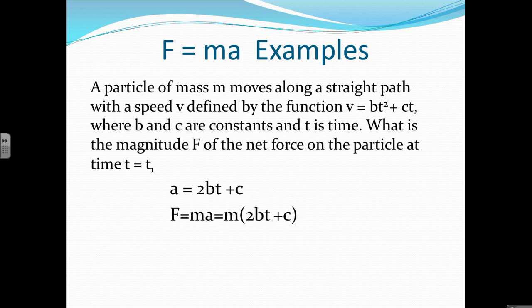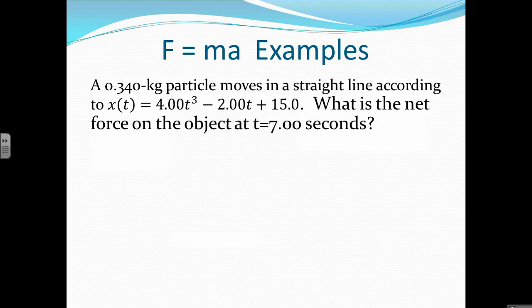We know that force equals mass times acceleration, so we multiply 2bt plus c times mass to find an expression for the force at t1. Force equals 2btm plus cm, with c being the constant, m being the mass. So this is symbolically.